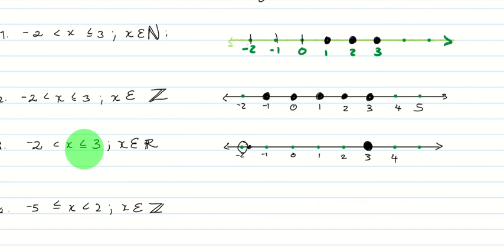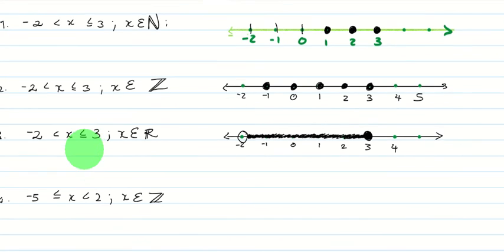And you can use your ruler. Because this is rational, it makes provision for all of those numbers between. So that can be any number between -2 and +3. So we need to indicate that, and that's what you do in pen. Okay.